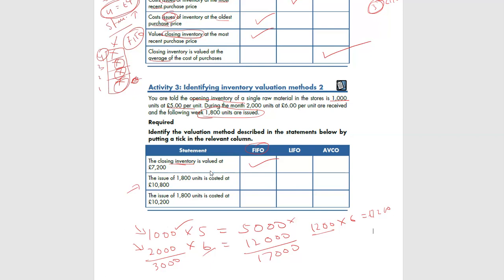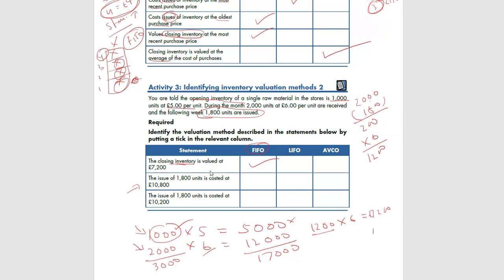Okay, let's try the LIFO first. If I use LIFO, all the 1800 I'm going to use from the 2000 units, isn't it? So from 2000, if I take 1800, then I have 200 left.